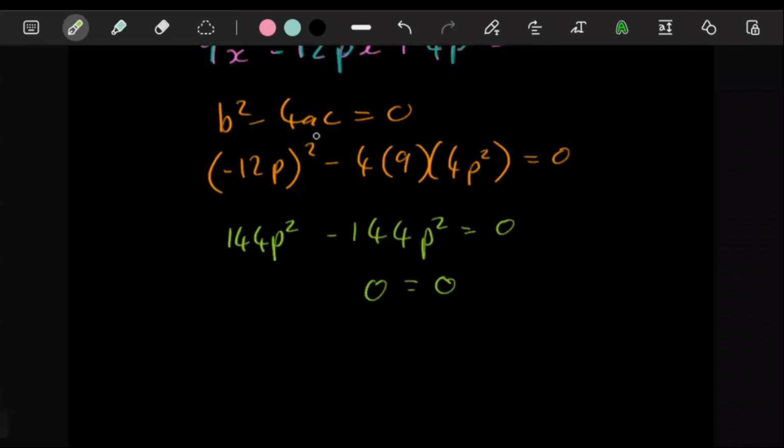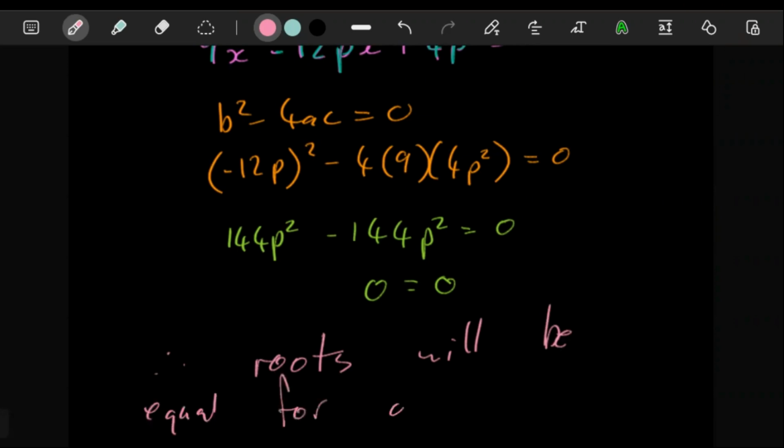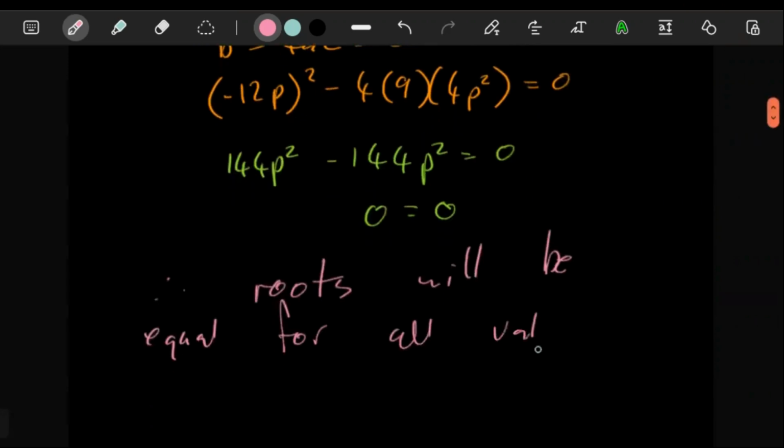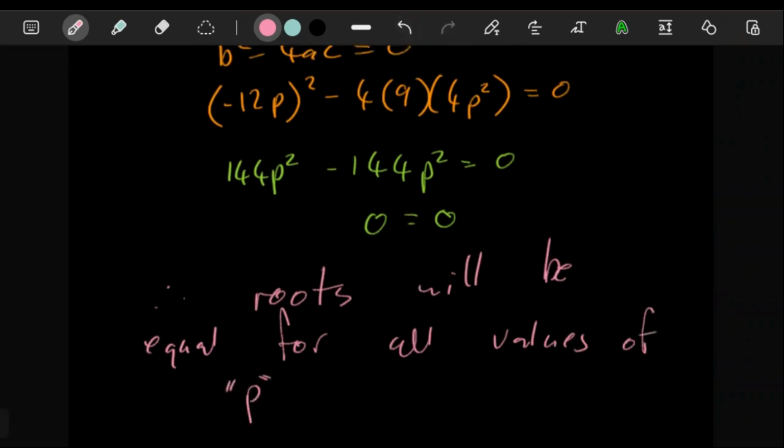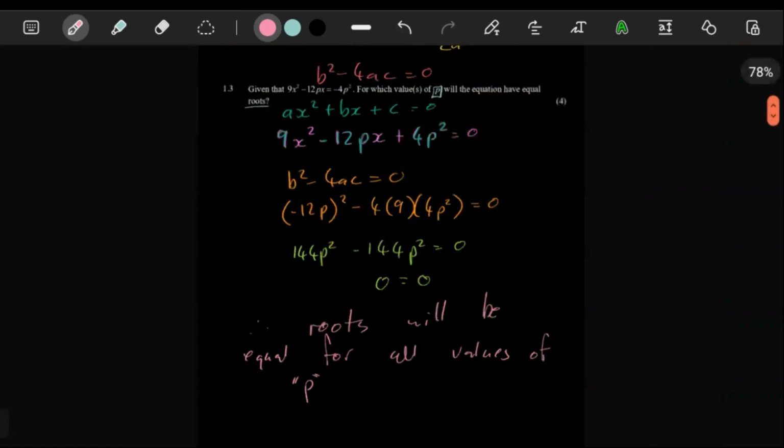That's what this is saying. So here we can say, therefore, the roots will be equal for all values of p.